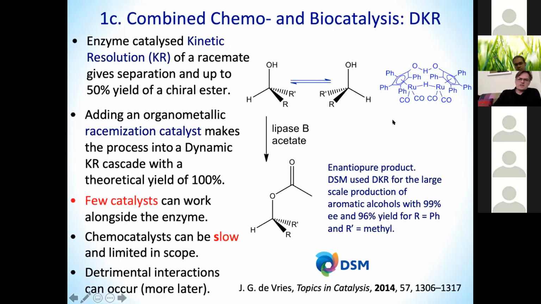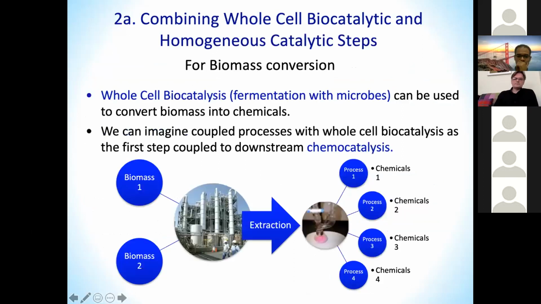But you can see from this compound mentioned, which is very good, that the complexity of the organometallic system can be really quite high, and that does hold back these processes. So this particular complex was considered to be too complex to use in the process. And that is something we'll come back to a bit later.